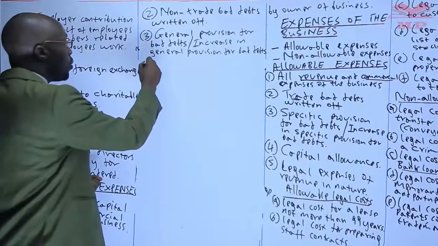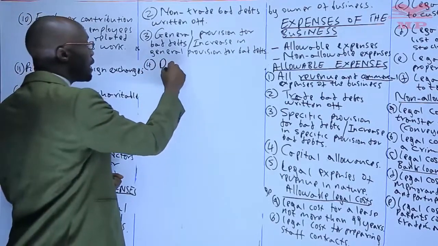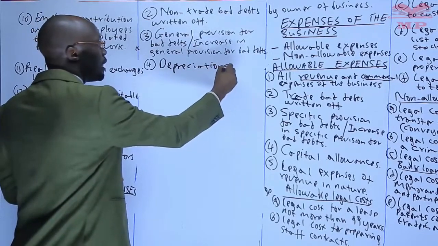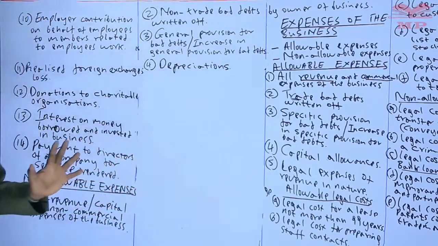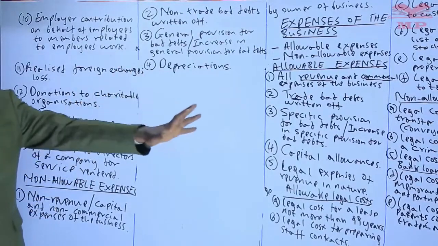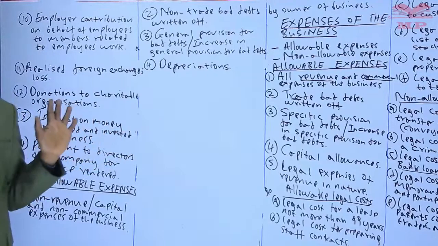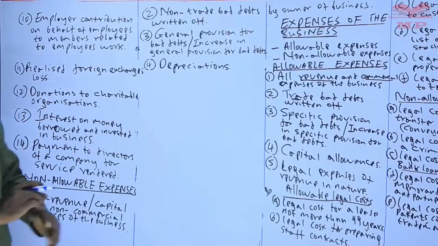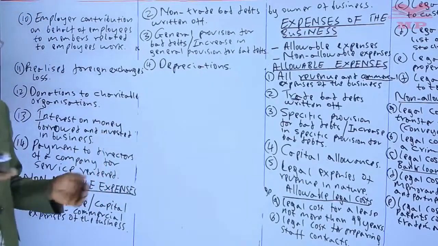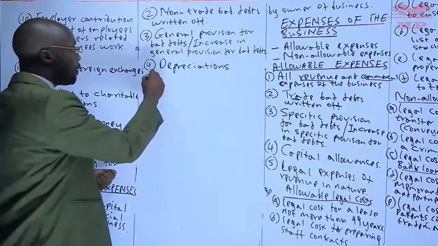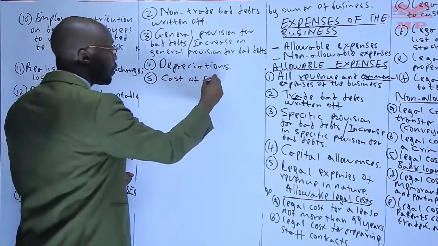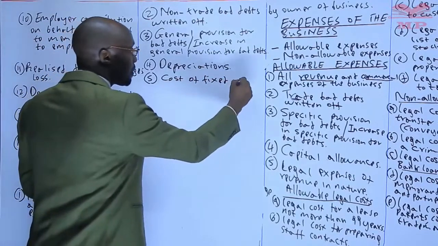Number 4, we have depreciation. Depreciations are usually not allowable. And we said depreciation is an expense related to the accountants. In taxation, we don't recognize that. Instead of depreciation, we recognize the capital allowances. So depreciation is not allowable. Number 5, we have the costs of fixed assets.